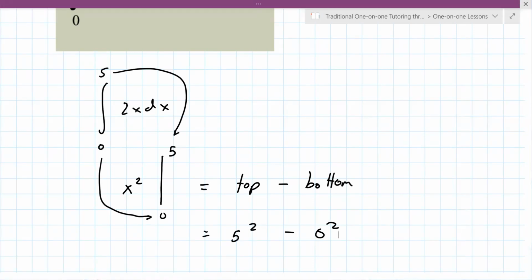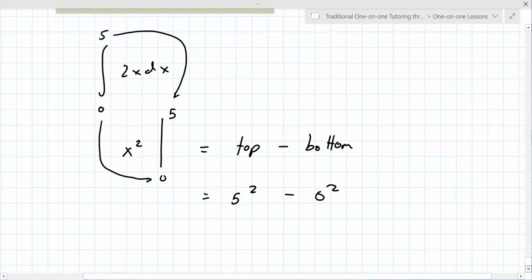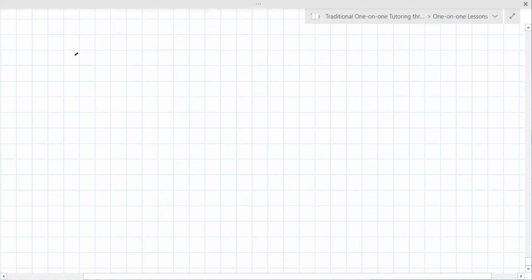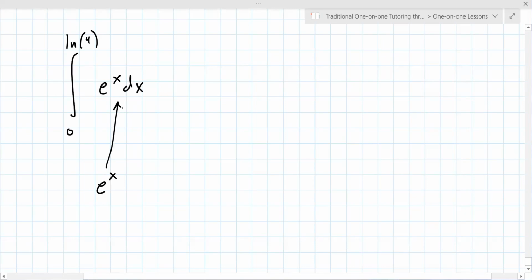Okay, so now let's do another one. I'll make them slightly different. Let's do the integral of e to the x dx from 0 to natural log of 4. You're supposed to remember that the derivative of e to the x is e to the x.